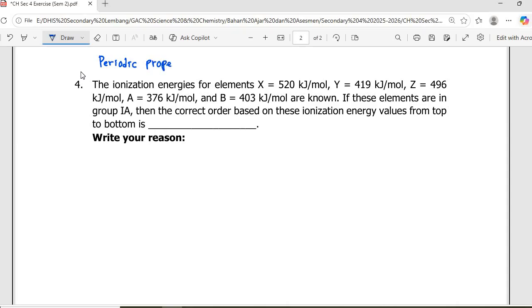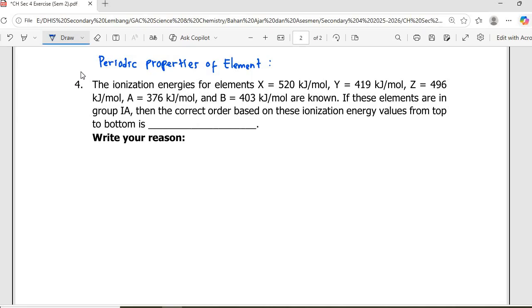Periodic properties of elements. If you still remember, we have learned about this. There are 3 properties of elements that you have to know. The first one is atomic radius, the second one is ionization energy, and the third one is electronegativity.